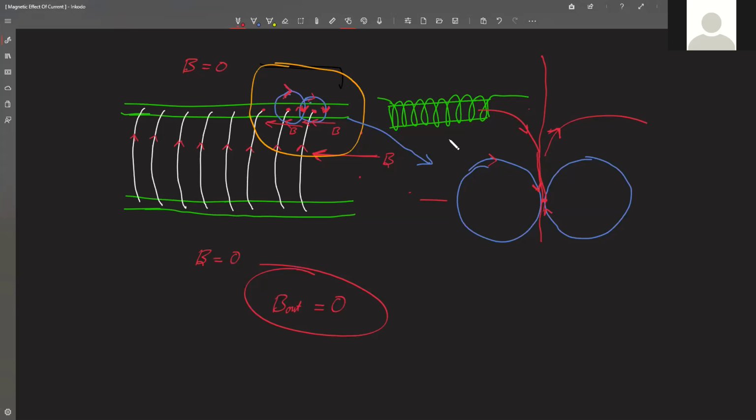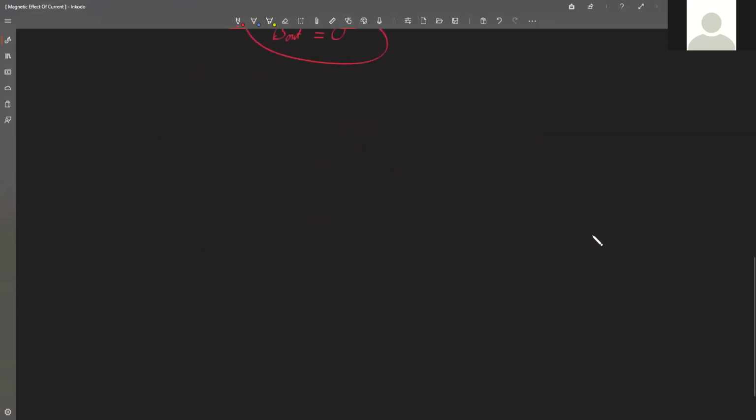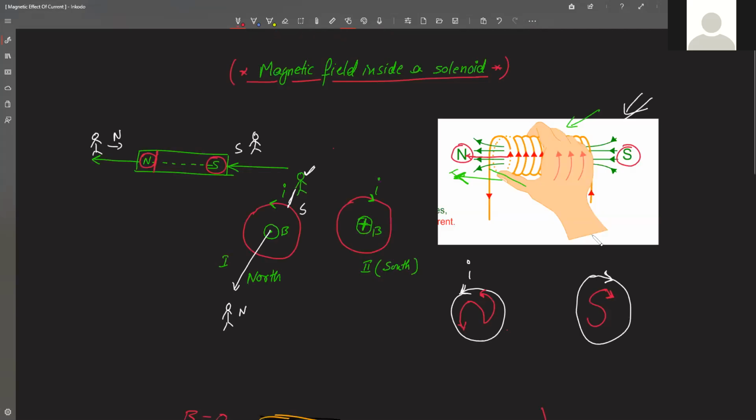And we know the reason now why it happens. There is magnetic field only inside the coil. That's why the topic in the beginning we wrote was magnetic field inside a solenoid. That's what we now have to calculate, and we have to apply Ampere's circuital law for that. So we'll do that as well.